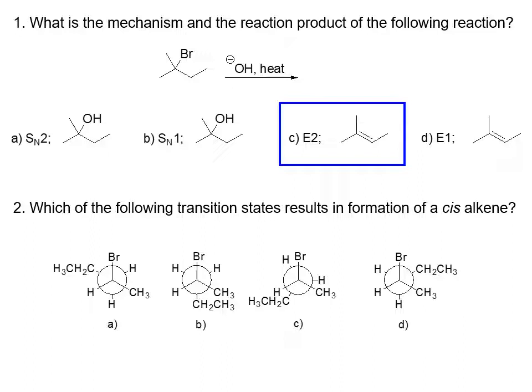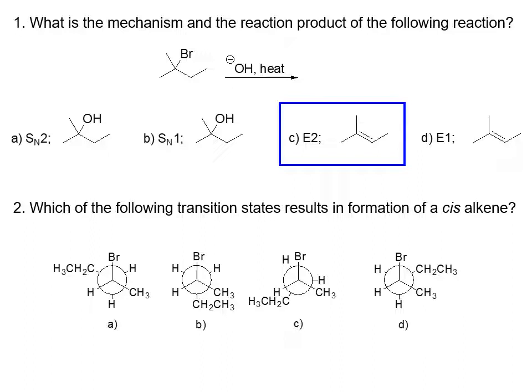Next question, which of the following transition states results in formation of a cis alkene? There are 4 possible transition states. In the first one, transition state A, we can see on the vertical bonds, bromine and hydrogen are antiperiplanar to each other. So elimination of those 2 substituents will result in formation of a double bond.